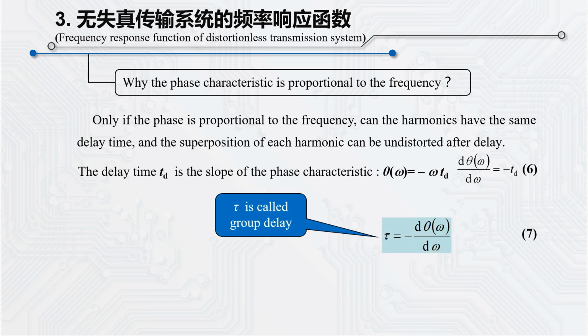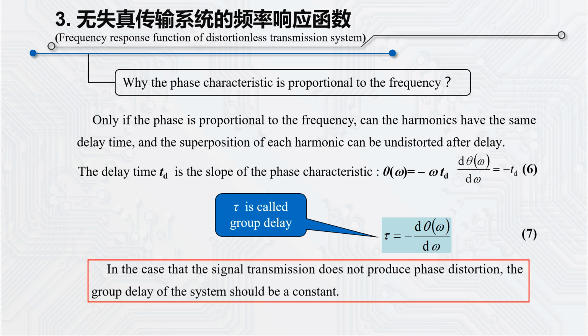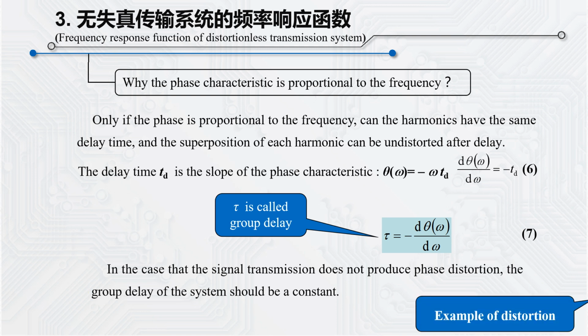Usually, Formula 6 is denoted by Formula 7. Tau is called the group delay. Obviously, the group delay of the system should be a constant under the condition that the signal transmission does not produce phase distortion. Here is an example of distortion.